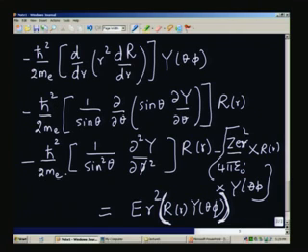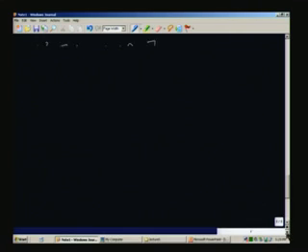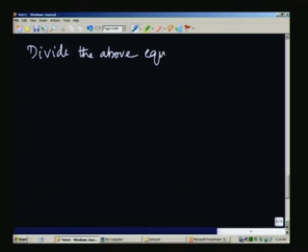Let us write that down. Okay. So divide the above equation by R(r) and Y(θ,φ).